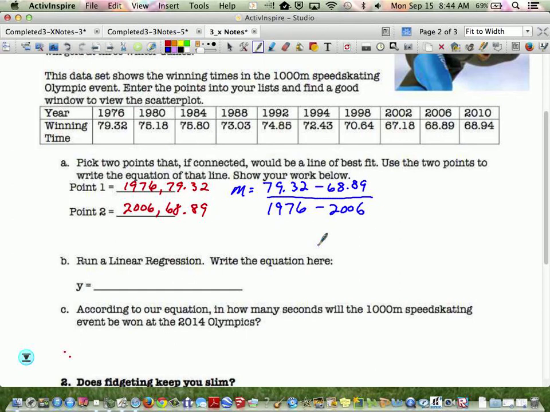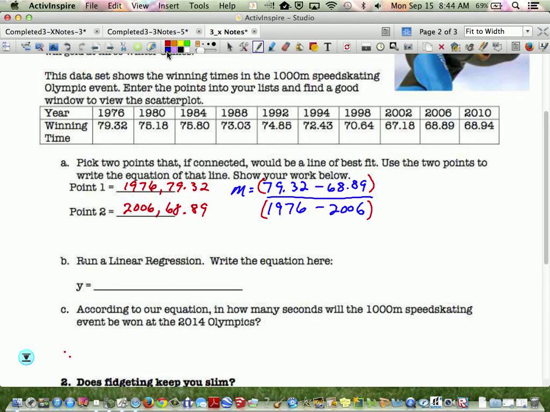So basically I took the y that's on top minus the y that's on the bottom, the x that's on top minus the x on the bottom. Y went up to the sky. The easiest way to do it is to put the top in parentheses, hit divide, put the bottom in parentheses.